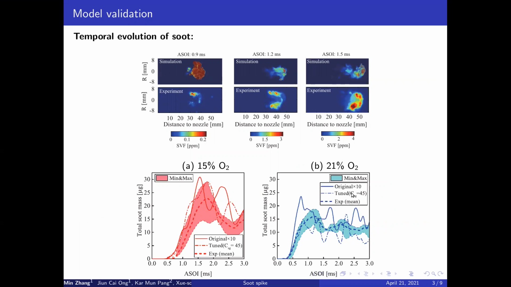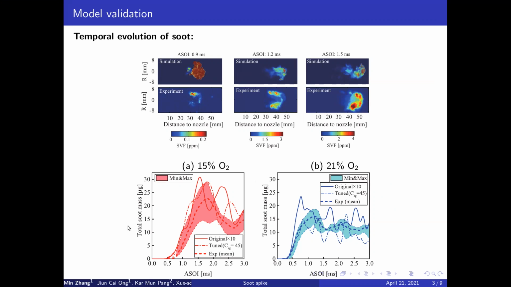First, we need to do the model validation. And for the top picture, we show the distribution of soot mass, the soot volume fraction at different time instants. So we can see the distribution in the simulation show a good agreement with the experiment data.